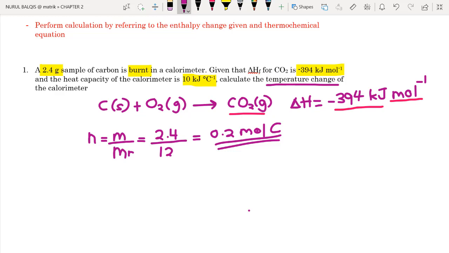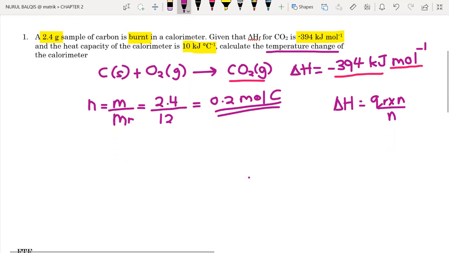You can also use the formula delta H is equal to Q reaction over n to find the heat released or absorbed for this number of mole, but it is suggested for you to use stoichiometry, as we've already learned about this in semester 1.